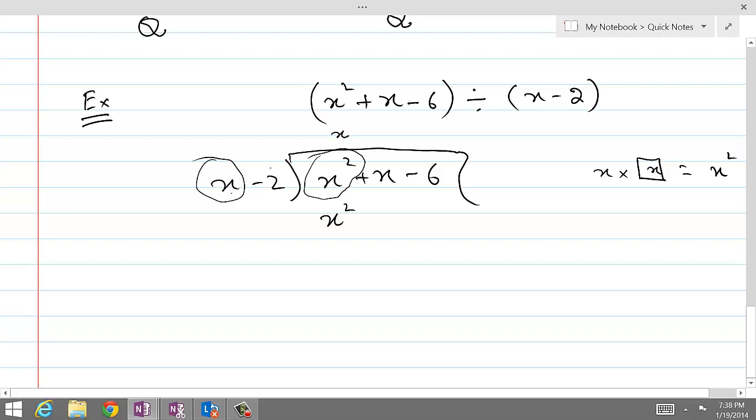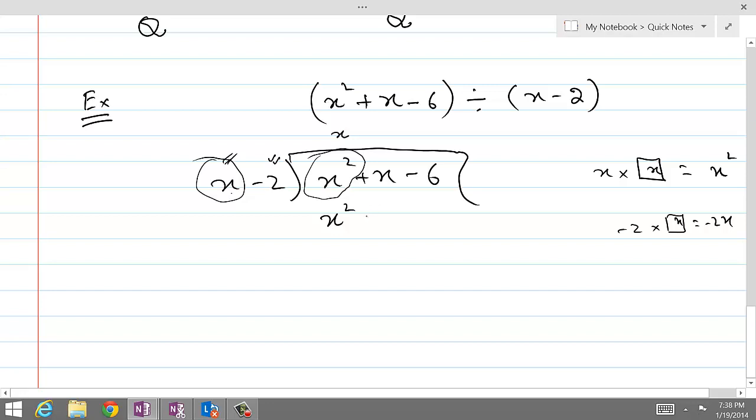But whatever we multiplied this x with, we also have to multiply this minus 2 with the same number. Now minus 2 times x would result as minus 2x. Therefore we are going to write that minus 2x under the term where x appears, like similar like term.